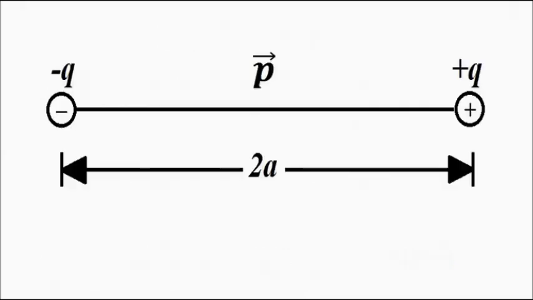Okay, see here, this is an electric dipole. We have two charges, minus q and plus q. They have equal magnitude q but opposite sign. Here it is minus q, here it is plus q, and they are separated by a very small distance which is given by a multiple of 2, which is generally 2a. Okay, this is the electric dipole.